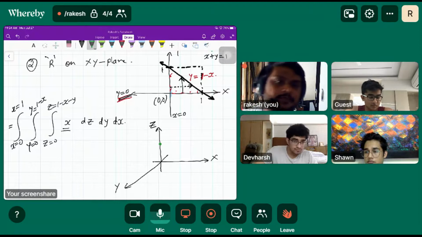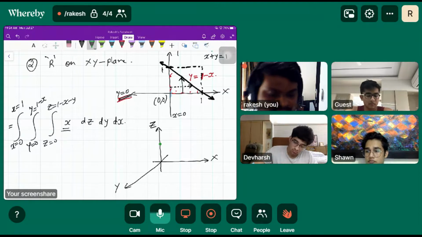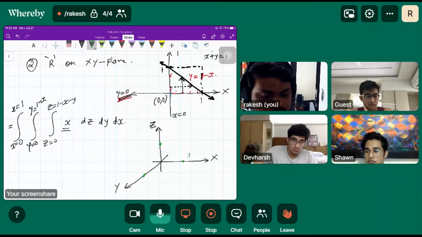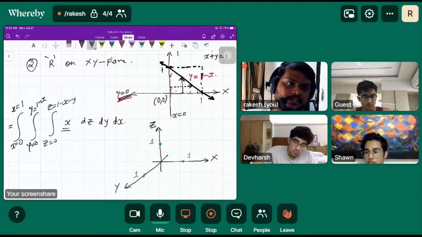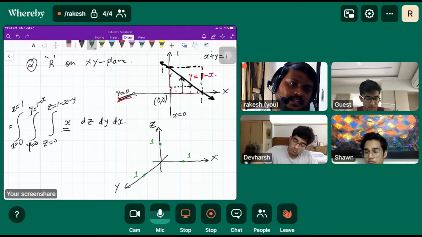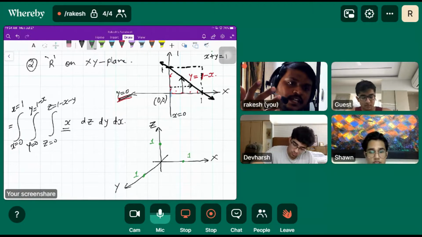x plus y plus z is equal to 1 is basically your plane that passes through 1 on each coordinate axis, isn't it? Do you understand that x plus y plus z is equal to 1 is a plane?